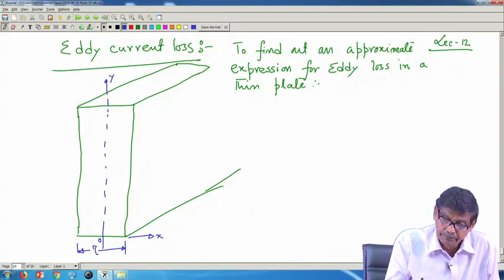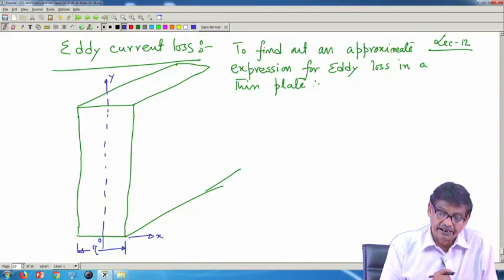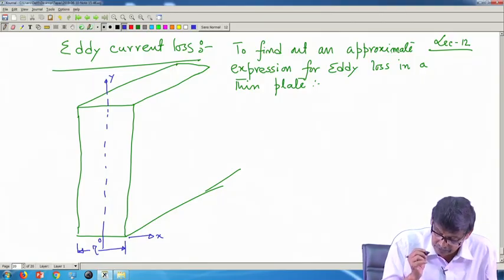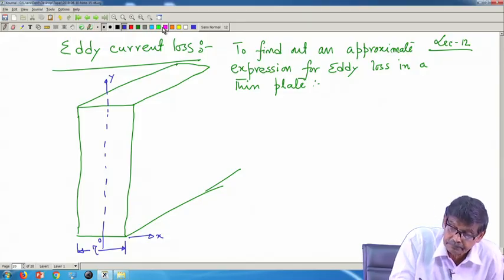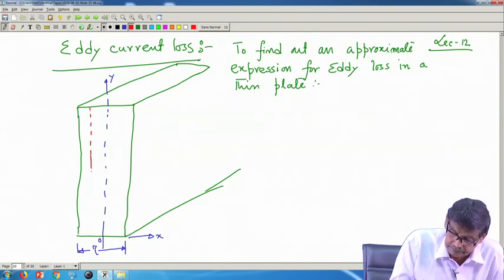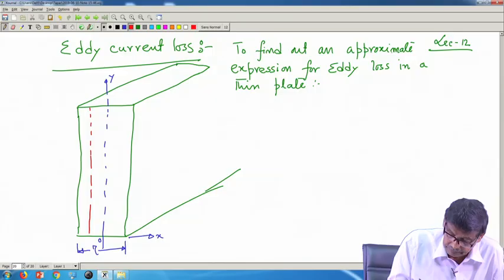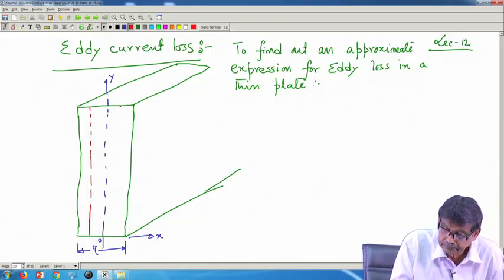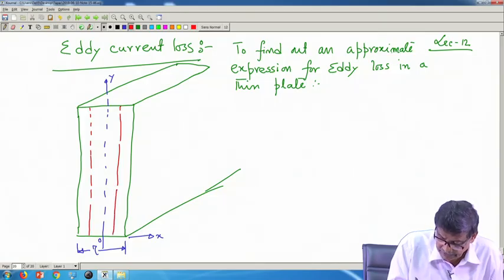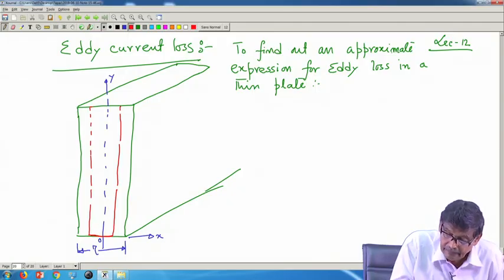Now, I have to find out an approximate expression of eddy current loss. To find that out, what I will do is this: I will consider at a distance x from the origin a loop like this, got the point.